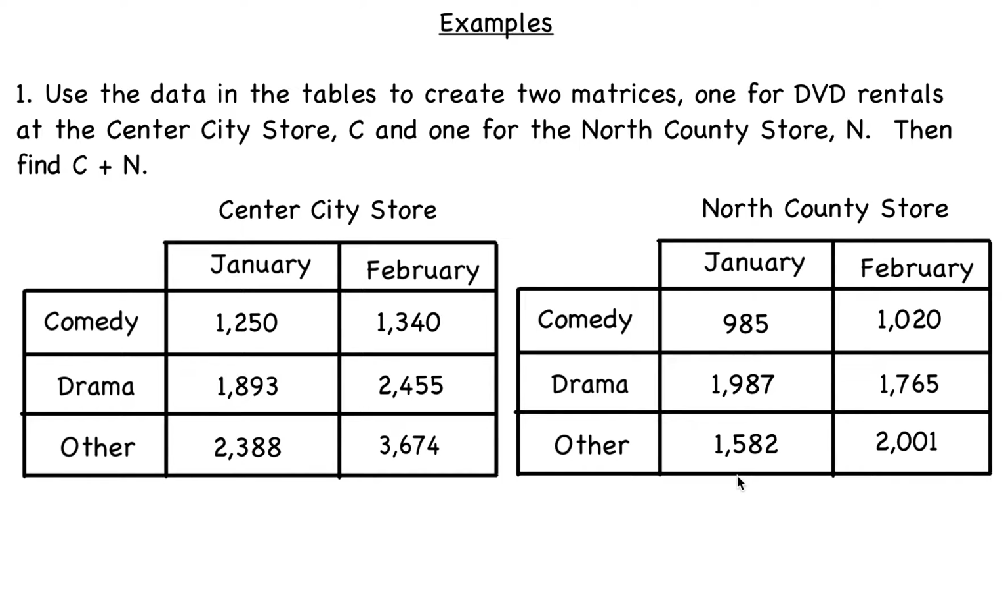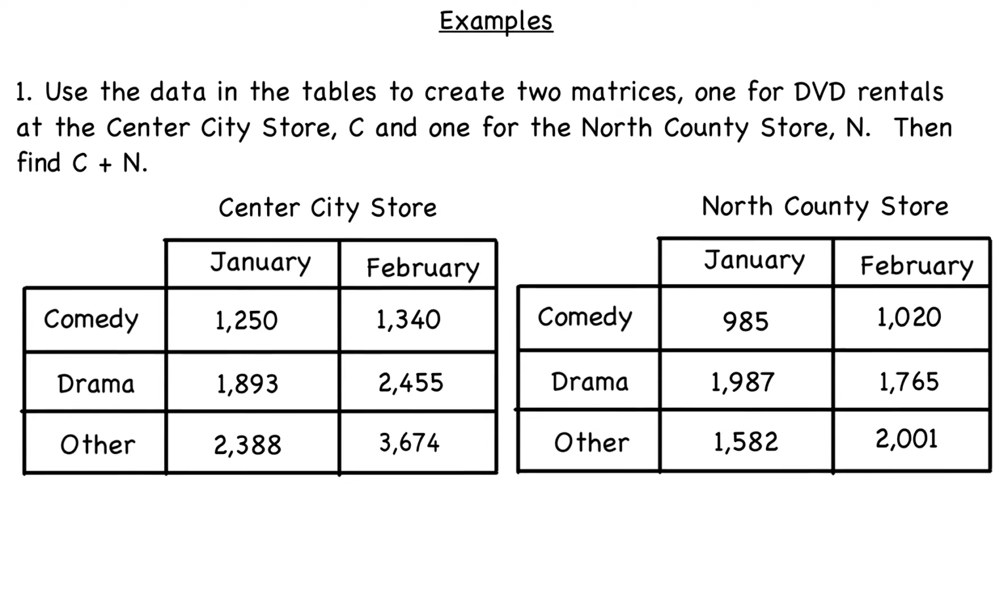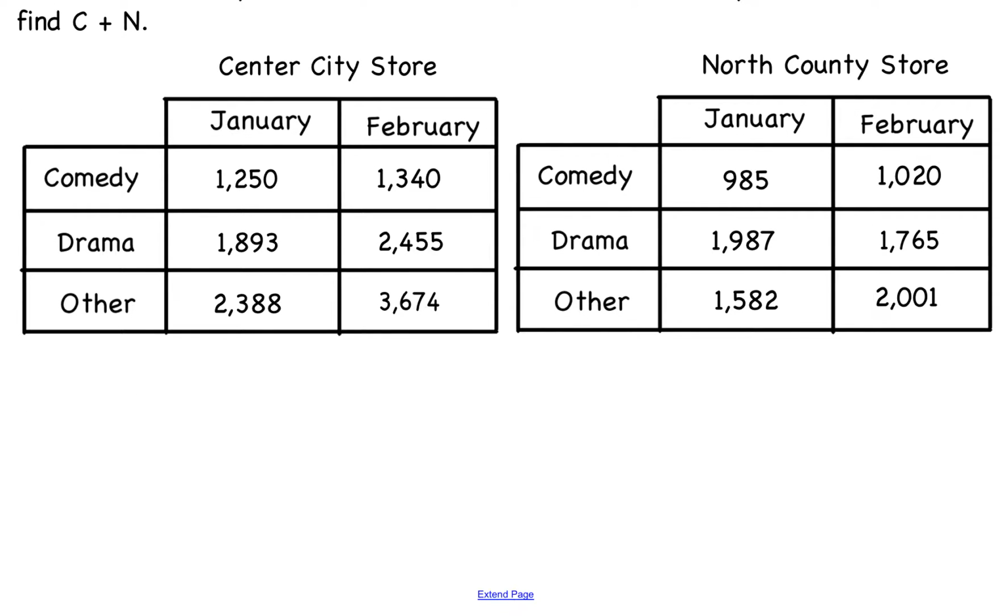Here are some examples. It says use the data in the tables to create 2 matrices, and then we're going to find the sum of those 2 matrices. So matrix C, first of all, we'll start by writing matrix C for the Center City store.